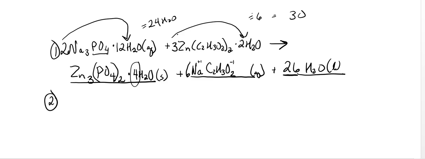Question number 2. Of these 2 products, which one is the precipitate? Who remembers what a precipitate is? Nobody. Boy, you need a lot of quiz questions on this. Yes, Reed. The solid. So the answer is? Give me the total formula.